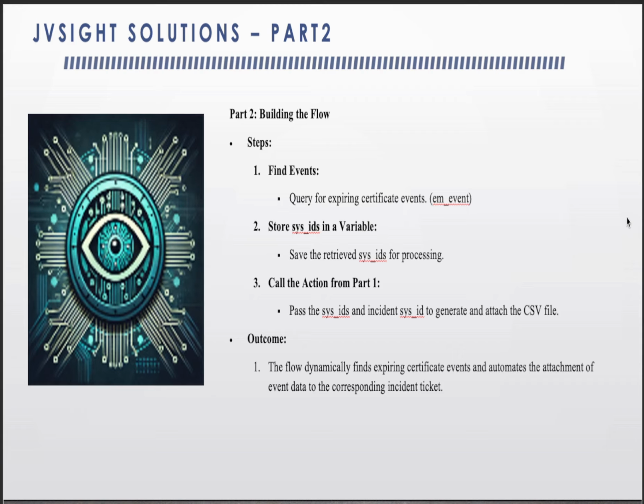And then we're going to use the events to update that incident record, and then use the action to add an attachment to that ticket. So basically, the flow will dynamically find those events and automate the attachment of the data onto the incident ticket. So see you in the next section.